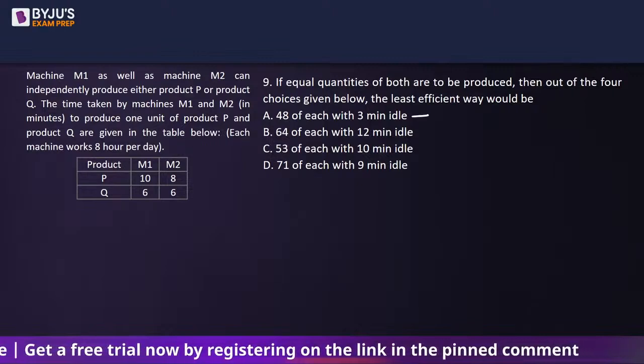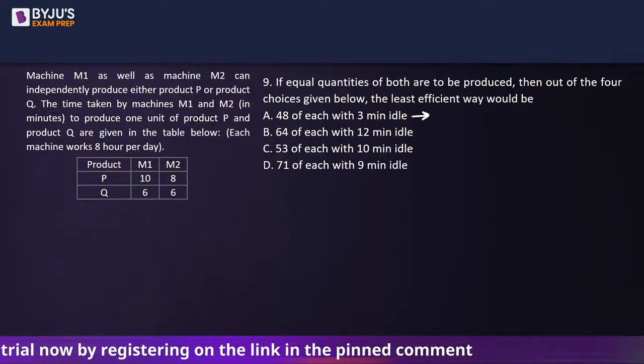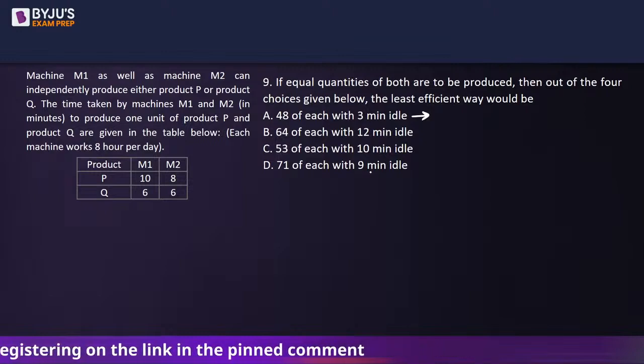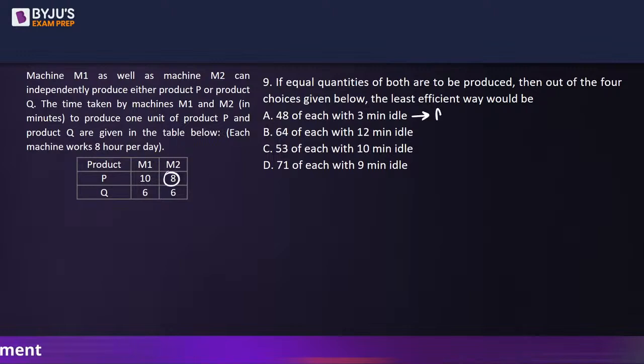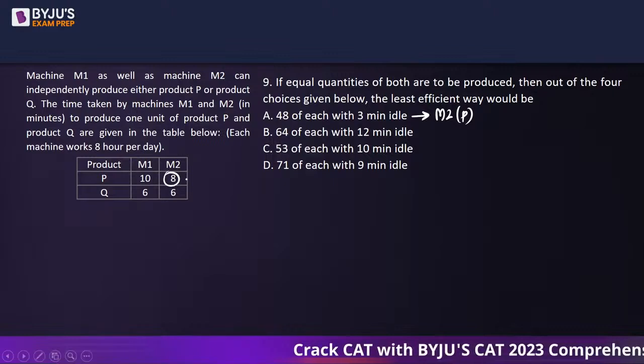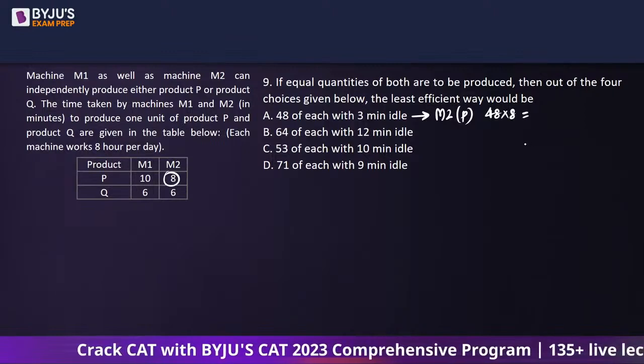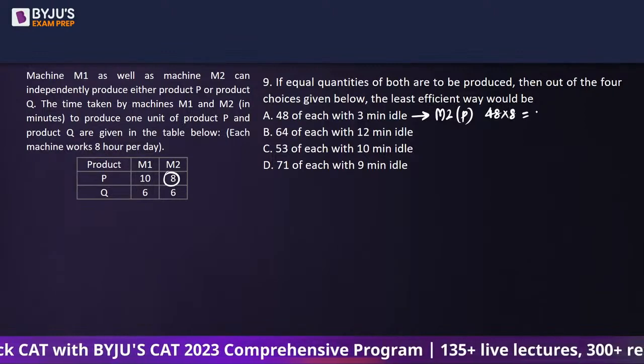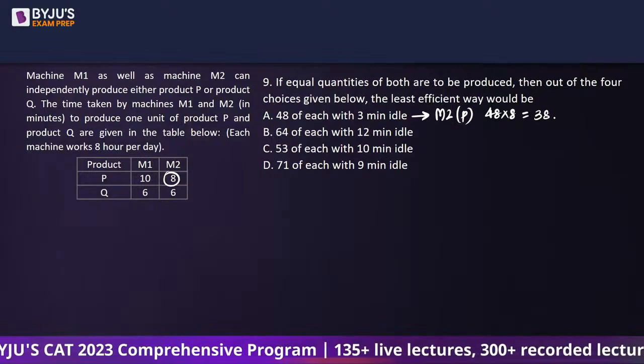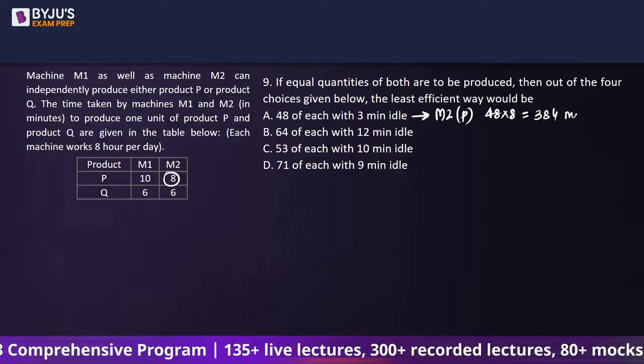Let's look at the first option. If I want 48 of each to be produced, so if I look at M2 producing P, it takes 8 minutes per unit. So for 48 units, it will take 48 into 8 minutes, which is going to give us 384 minutes.